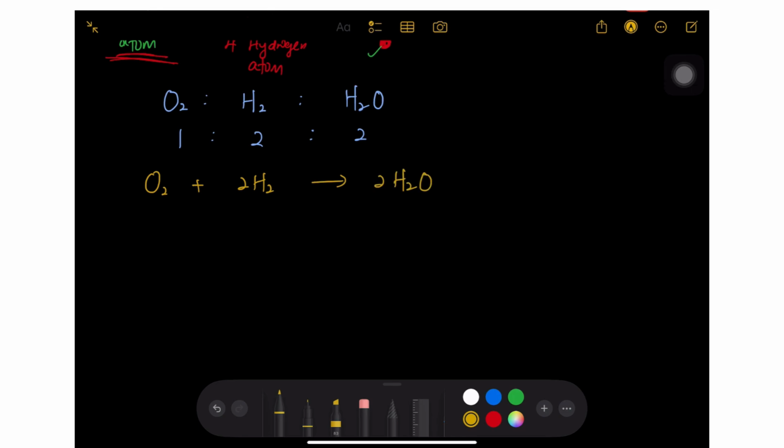So for this, if I describe it in terms of molecules, it will be 1 molecule of oxygen reacts with 2 molecules of H2 to get 2 molecules of H2O.